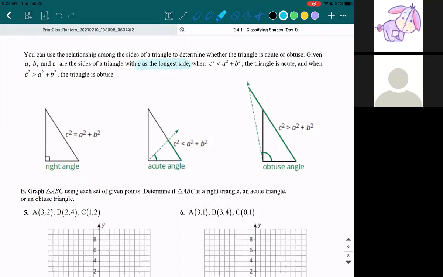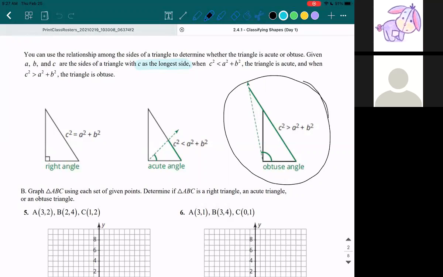When C squared is less than A squared plus B squared, the triangle is acute. Acute means an angle that's smaller than 90 degrees. So this angle right over here is smaller than 90 degrees. And when C squared is greater than A squared plus B squared, this is an obtuse angle.